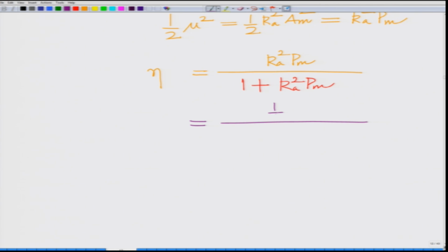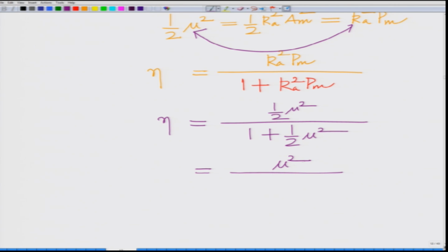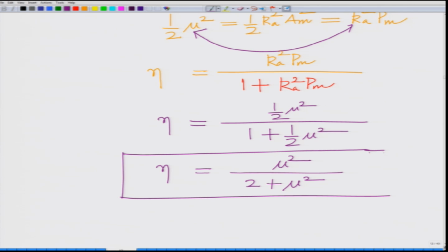Well, we have just shown that half mu square equals Ka square Pm. So, this is half mu square divided by 1 plus half mu square, which is equal to mu square divided by 2 plus mu square, and this is another important relation for the efficiency of amplitude modulation for a sinusoidal modulating signal, correct.